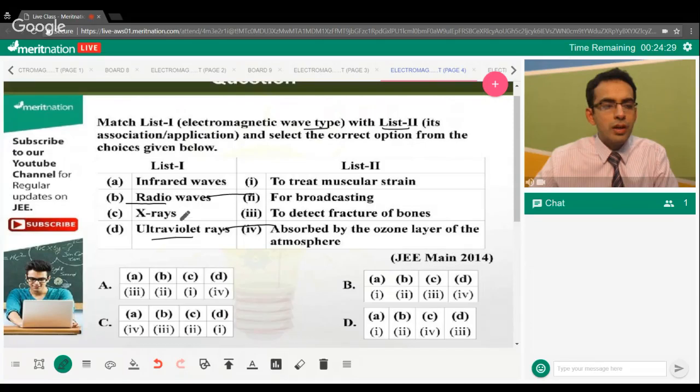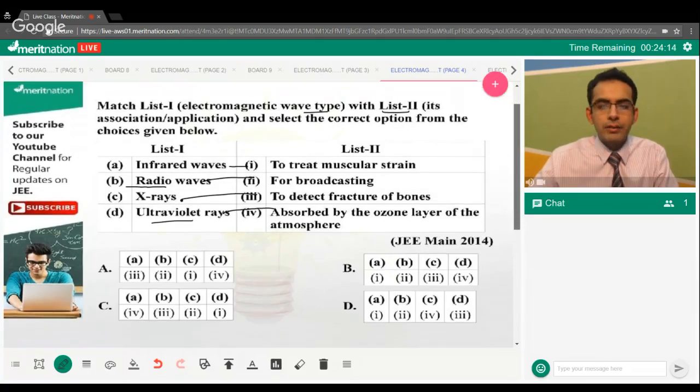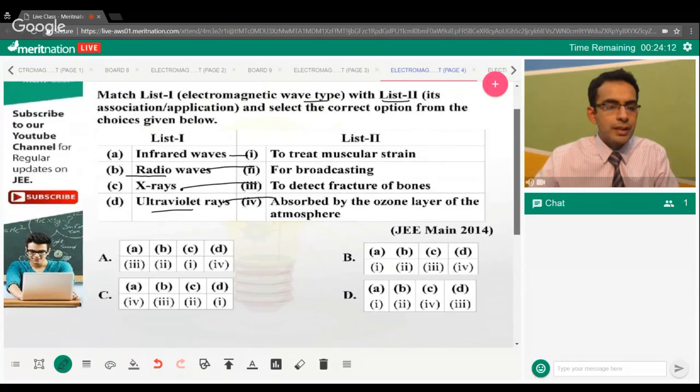X-rays are used to detect fractures of the bones. And infrared waves are used to treat muscular strain, right? So this is the correct match; find it in the given options. A first, B second, C third, and D fourth. So B is the correct answer. I hope it's clear to all of you. Let's move forward.